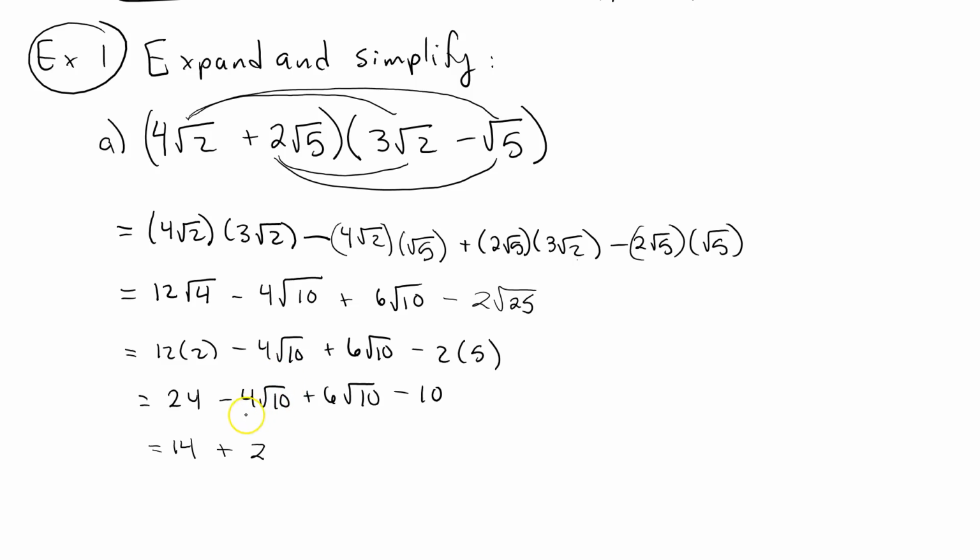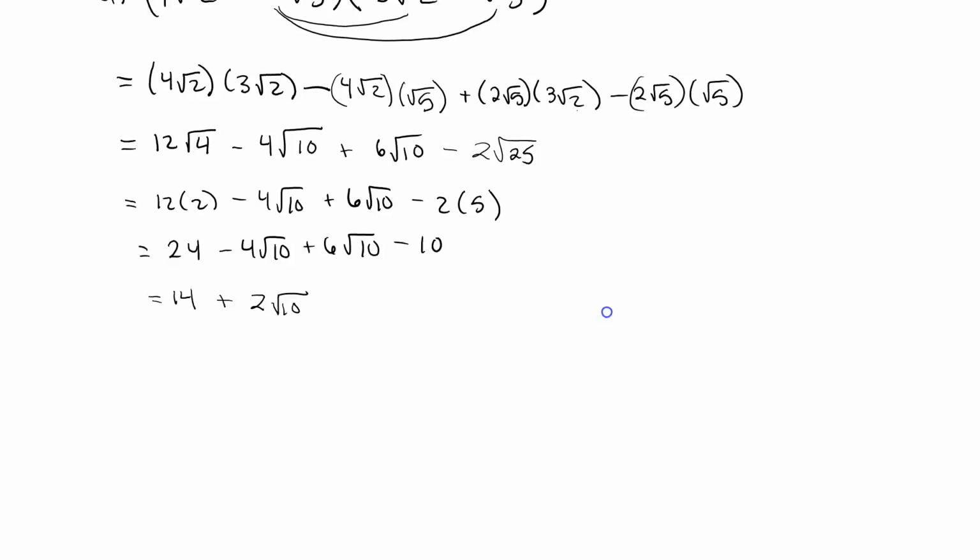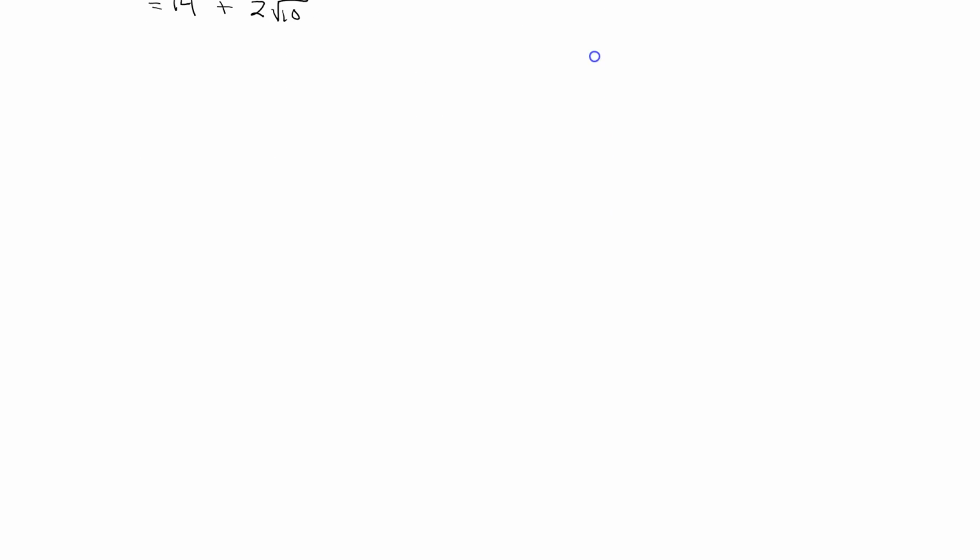Negative 4 plus 6, what? Root 10s. Okay? And that's that. On to the next question. Feel free to pause at any time, or feel free to even go back and revisit some questions, because these can be tricky, no doubt.